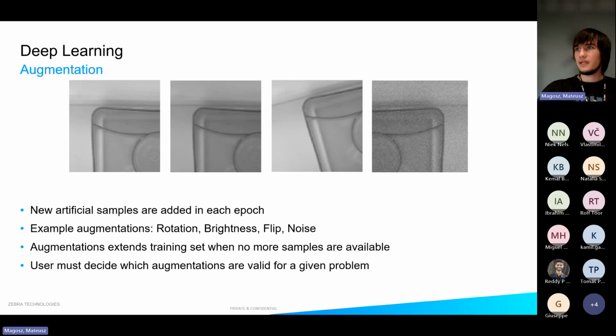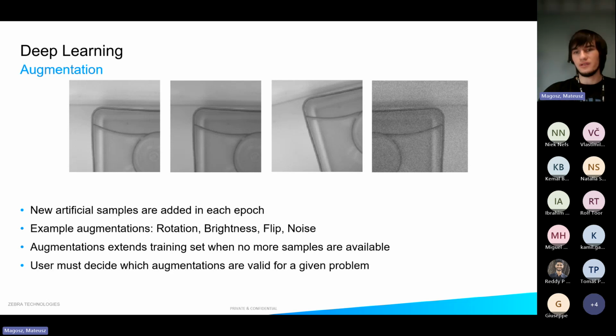The most important thing you need to remember if you want to use them is to only select a range of augmentations that may happen during your program's work, that may happen in real time. So if you have your object positioned correctly, don't select rotations by 90 degrees.